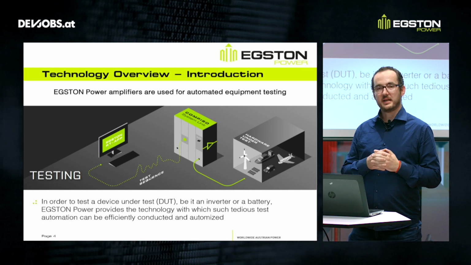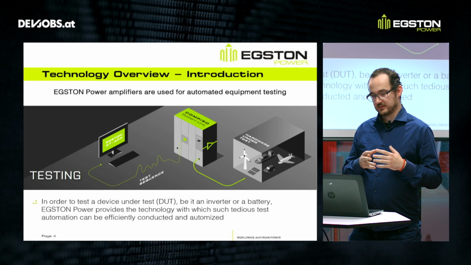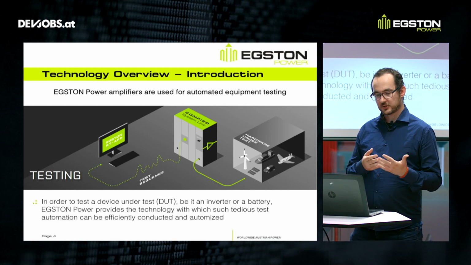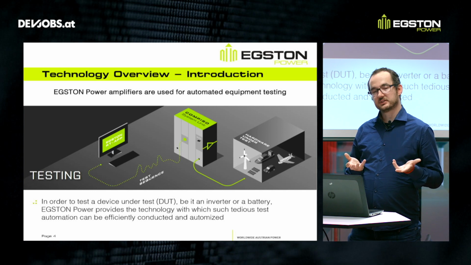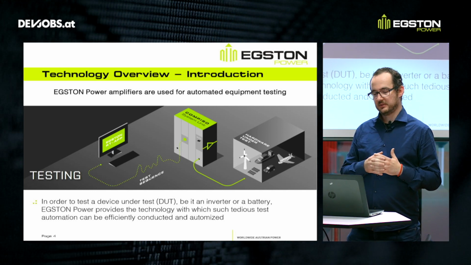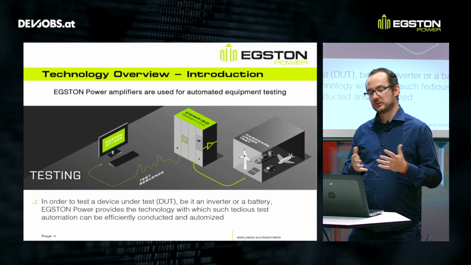So there are many use cases for an amplifier whose characteristic is actually to be highly versatile, programmable, and which can be used in many different scenarios simply by means of reprogramming it.